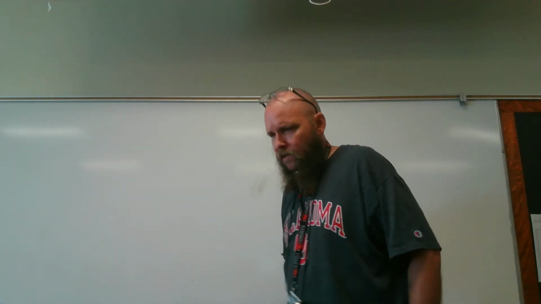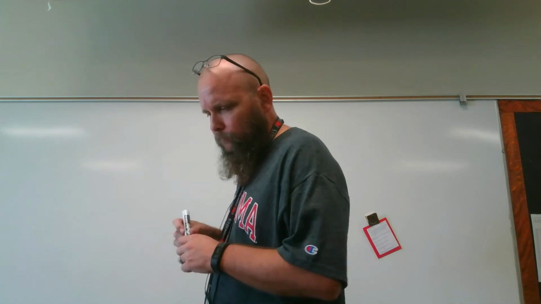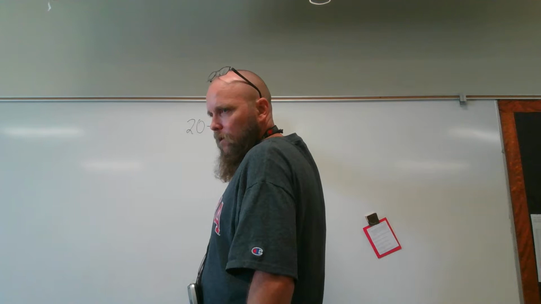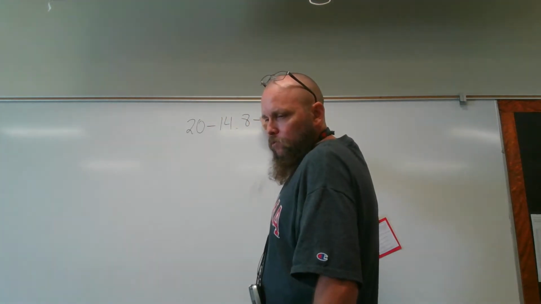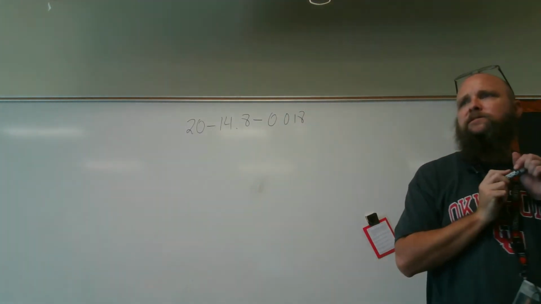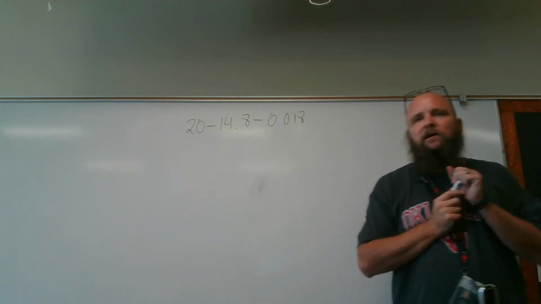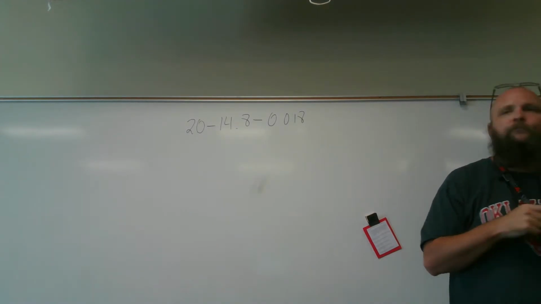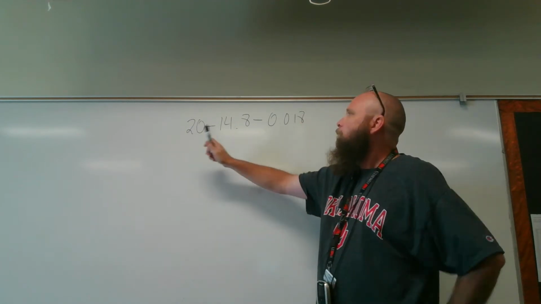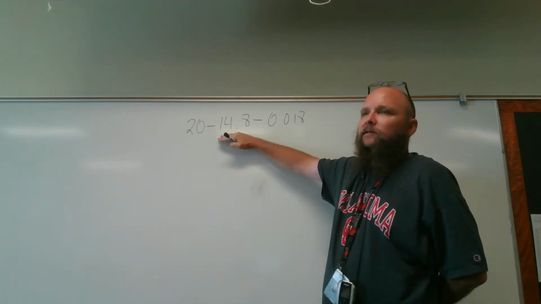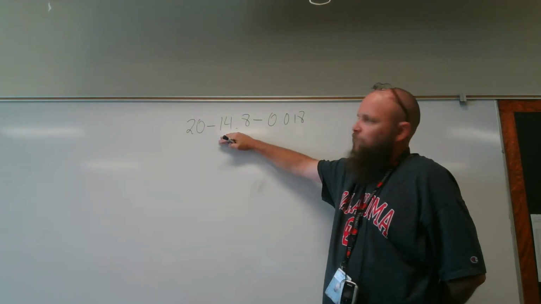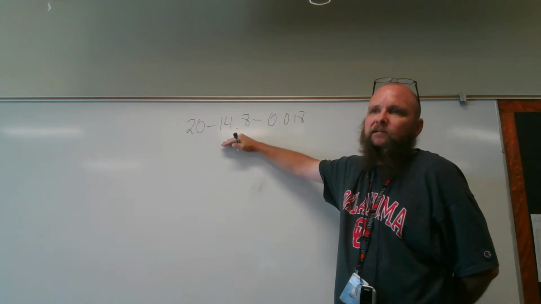All right, we did number 8 next. Number 8, we had 20 subtract 14 and 8 tenths. Okay, Ava. All right. We're subtracting, right? So Ava, what's 14 and 8 tenths close to? 15. So what's 20 minus 15?